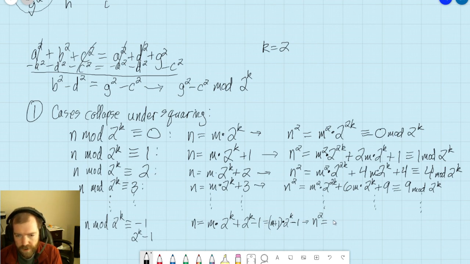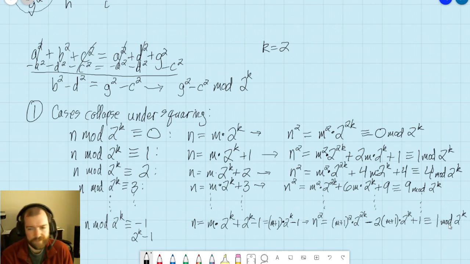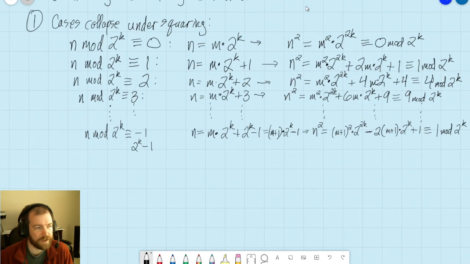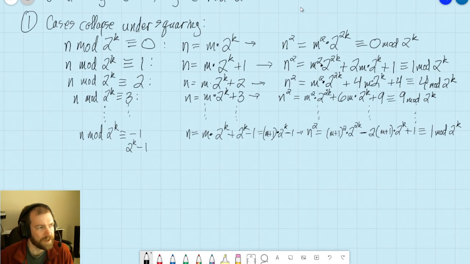So here this is going to be (m plus 1) squared times 2 to the 2k minus 2 times (m plus 1) times 2 to the k plus 1. So again, here's the interesting thing: this is now going to be equivalent to 1 mod 2 to the k. So now we're starting to see these values come back again, and it's a little weird. It wasn't something that I was expecting, although I probably should have realized it when I started doing this.